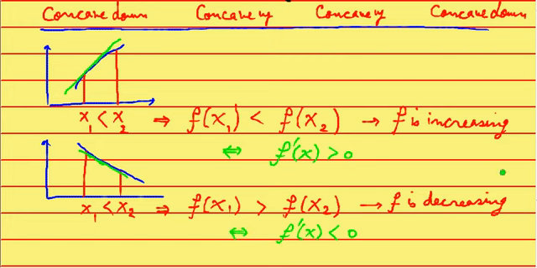So any question with respect to finding out the domain of increase or decrease is answered by analyzing the derivative of the function and figuring out where it is positive and where it is negative.